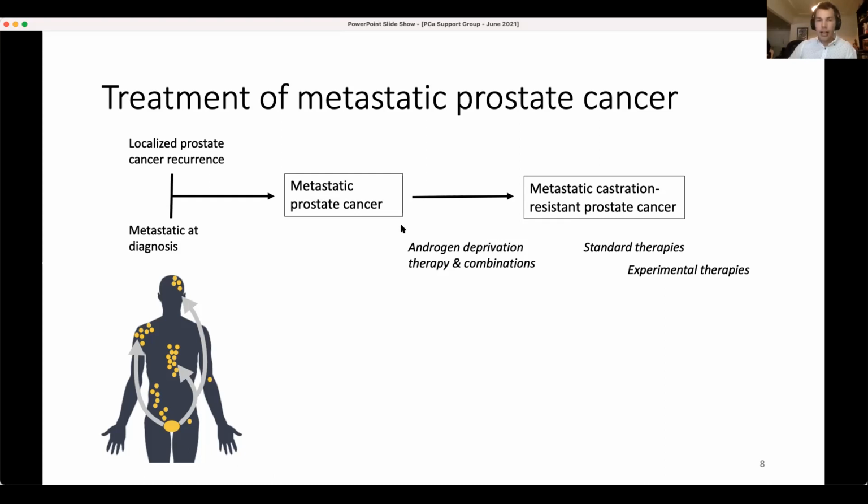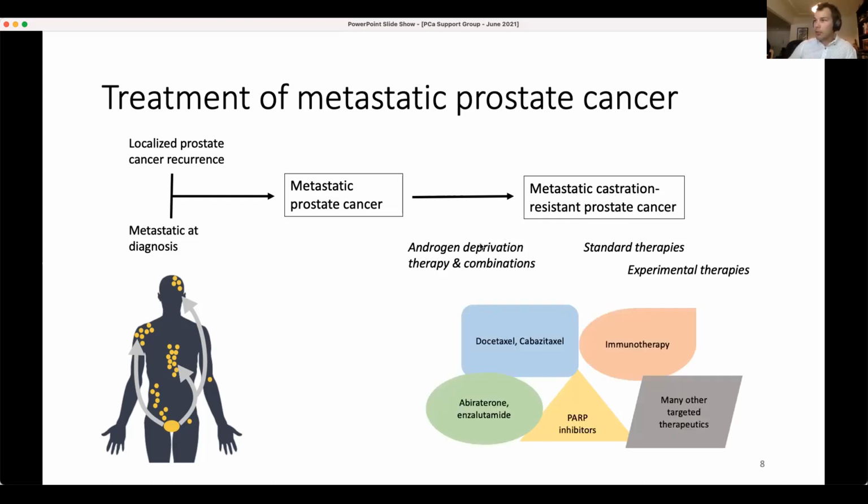And the first line therapy for metastatic prostate cancer is androgen deprivation therapy, so ADT. However, patients may eventually develop resistance to ADT, at which point their cancer is termed metastatic castration-resistant prostate cancer.